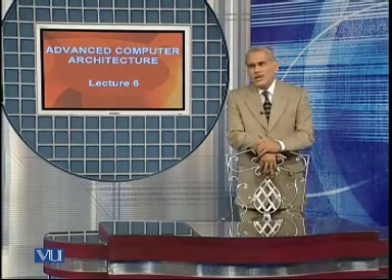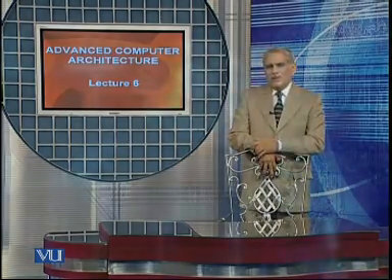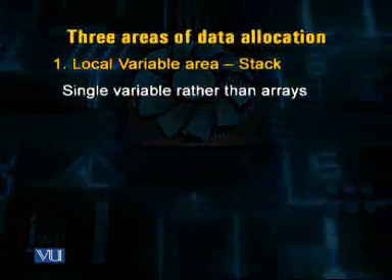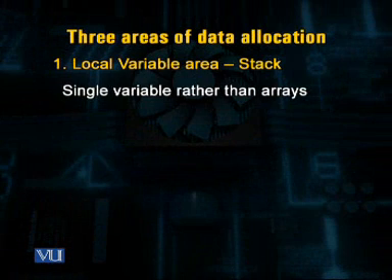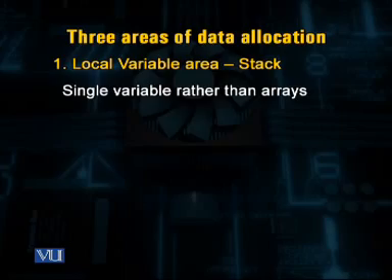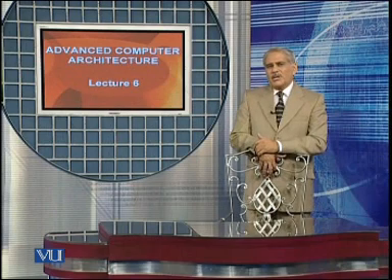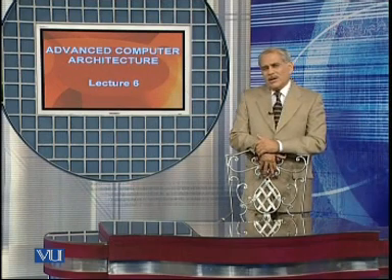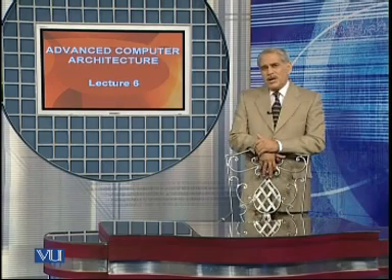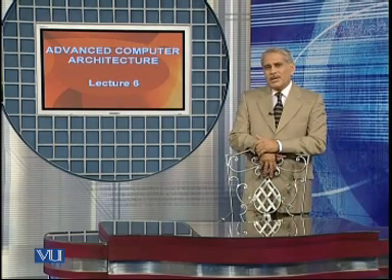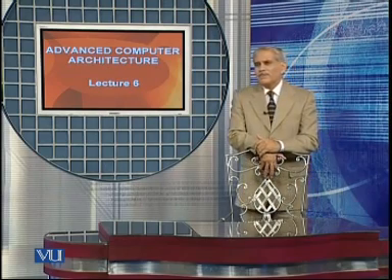These 3 areas are, number 1, the stack area. The stack area is used for local variables. The stack area basically grows and shrinks dynamically when the stack is being allocated or withdrawn.